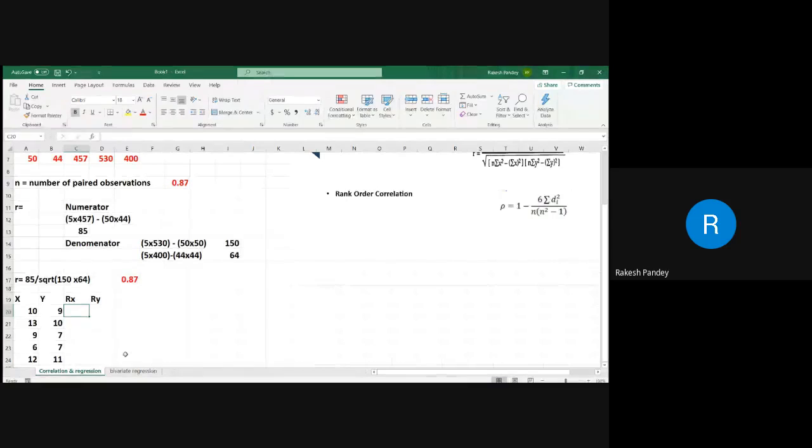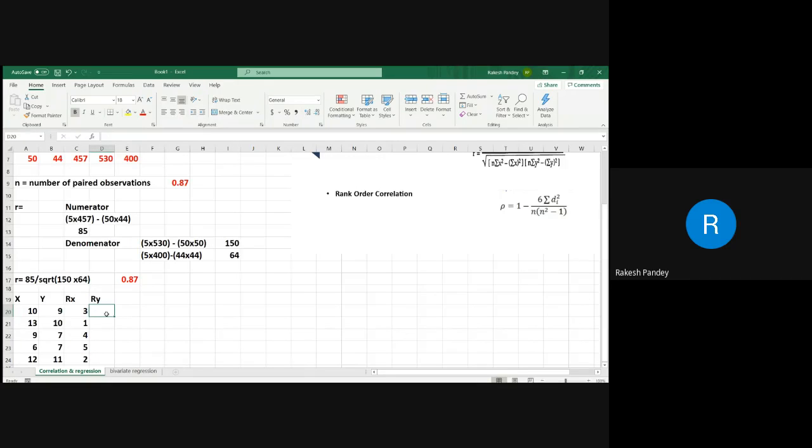So in this example, rank 1 is 13. 12 has rank 2. Rank 3 is 10. On 4th rank, the person who has a score of 9 will come, and who has a score of 6 will get 5.